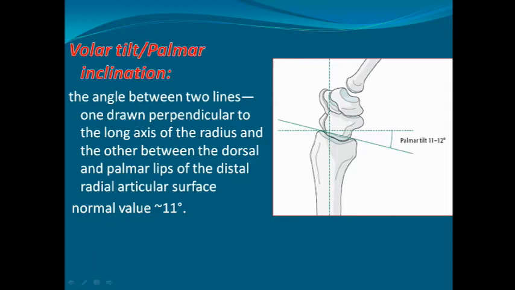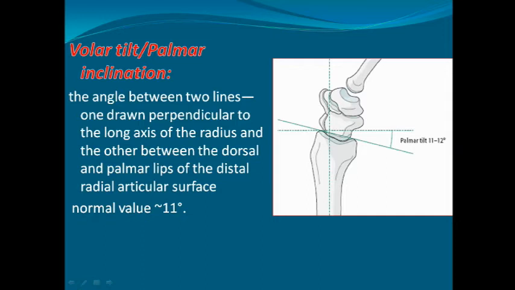Now the last one is volar tilt or palmar tilt. From the lateral view, you will see the radius is slightly bent towards the ventral side. This is the ventral side, this is the dorsal side. So it is not straight, it is bent slightly. What is palmar tilt? It is the angle between two lines, one drawn perpendicular to the long axis, and another between the dorsal and palmar lips of the distal radial articular surface.